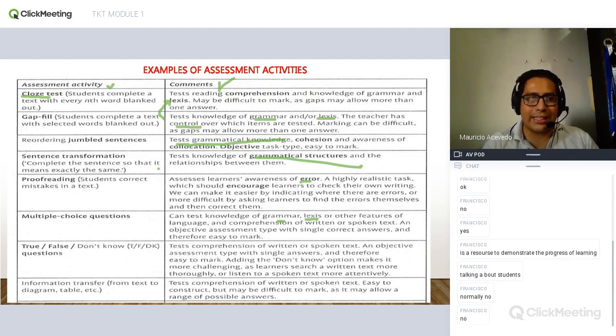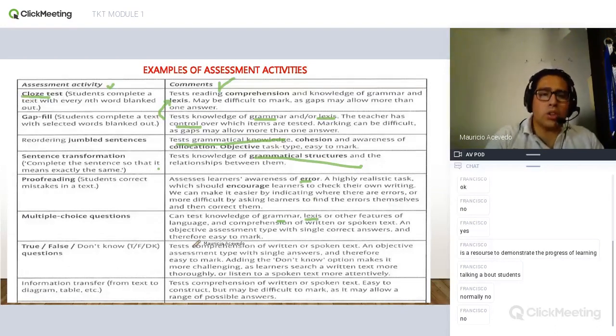That's why many exams, like Exani and TKT, have this kind of assessment activity. On the one hand, it is easier, and it is good, right? So an objective assessment type with a single correct answer and therefore easy to mark. That's what I tell you, it's very easy to mark because the answer to number one is A, number two is C, and you just mark it.